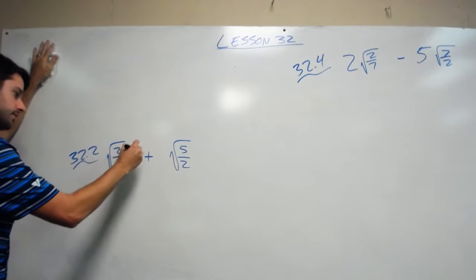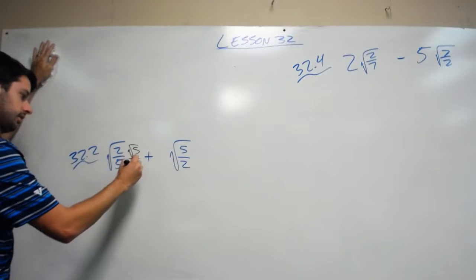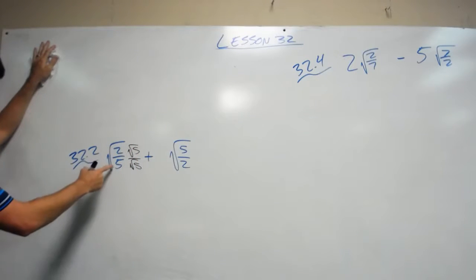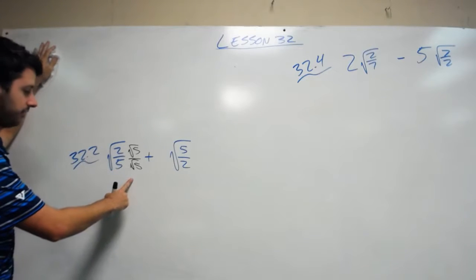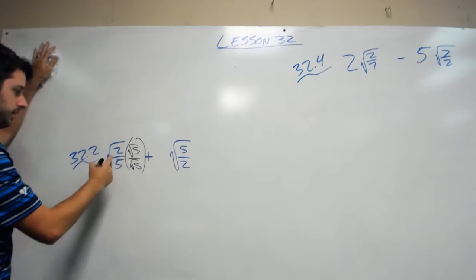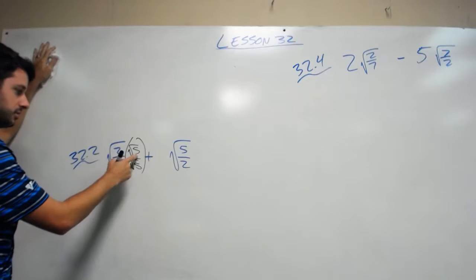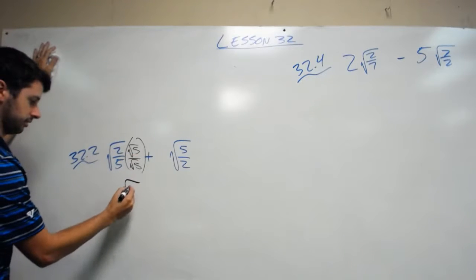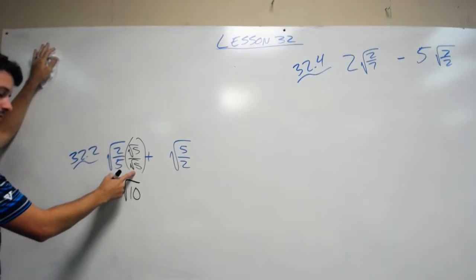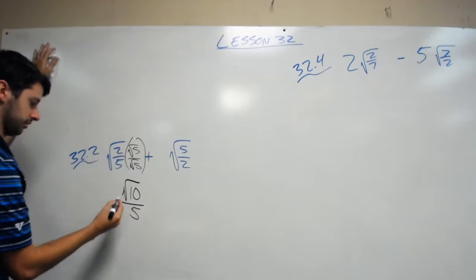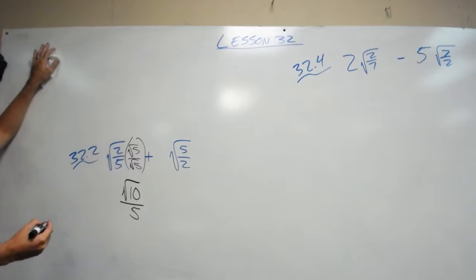Multiply by the square root in the denominator. This one has the square root of 5 in the denominator, so we multiply by square root of 5 over square root of 5. And we get square root of 2 times square root of 5, square root of 10. Square root of 5 times square root of 5, radical 25, which would be 5.